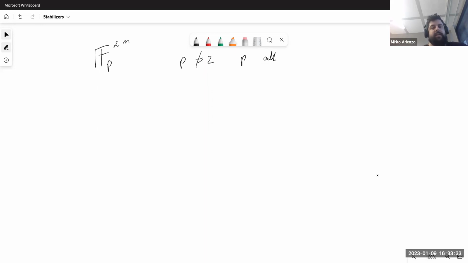And the idea is that we want to basically do what we do, for example, for the bosonic phase space.